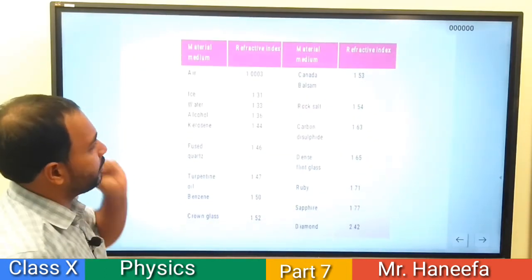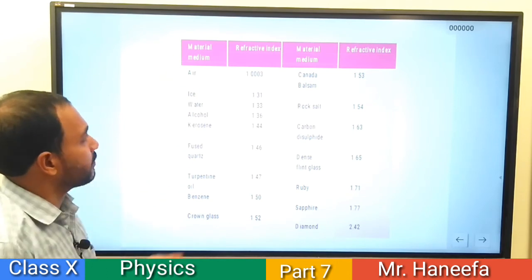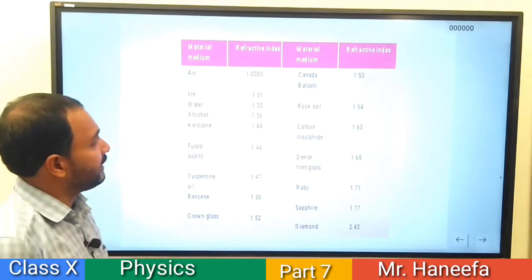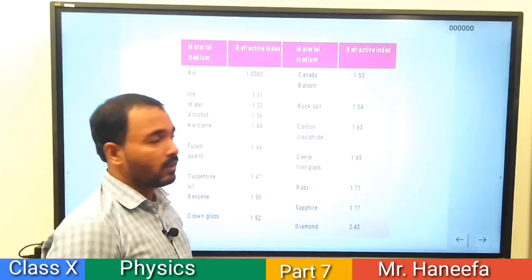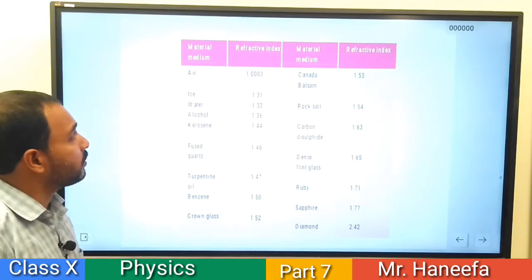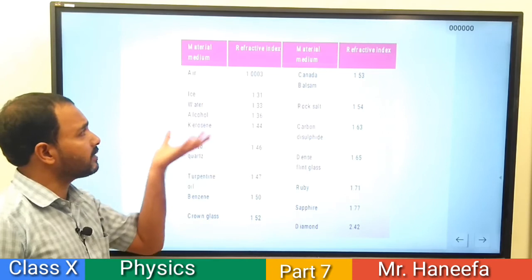In this table there are material media and their refractive indices. The refractive index of air is 1.0003, that means approximately 1.